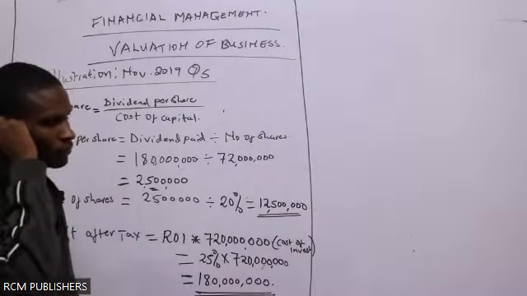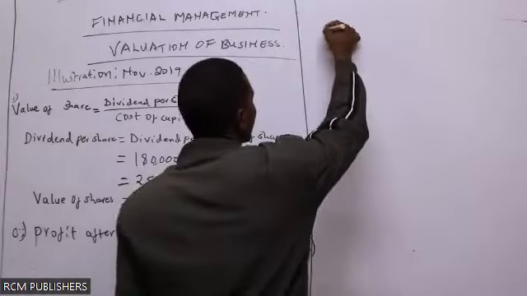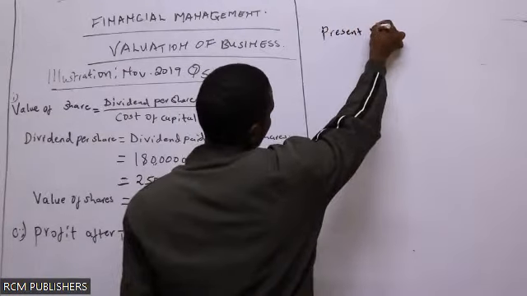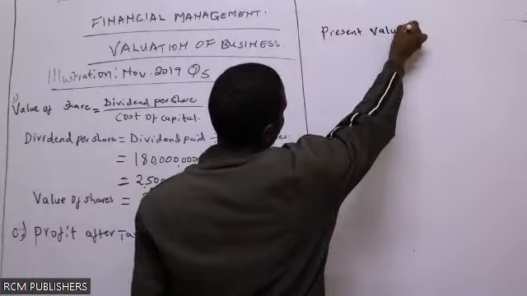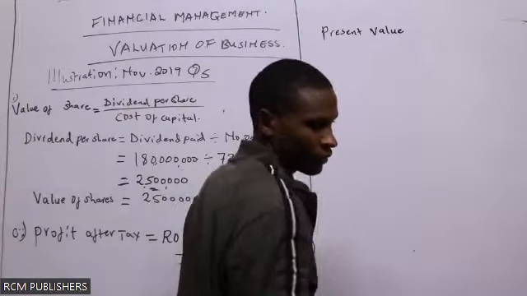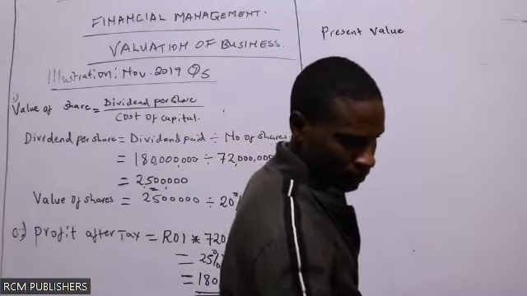Whatever we are looking at is the present value. People are telling us it's an annuity.